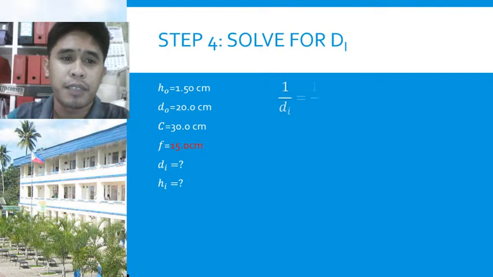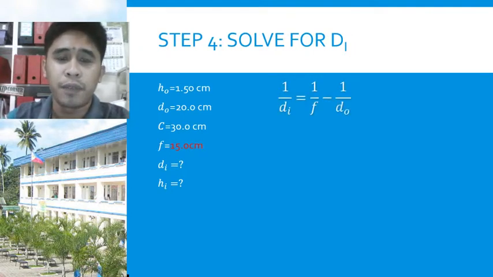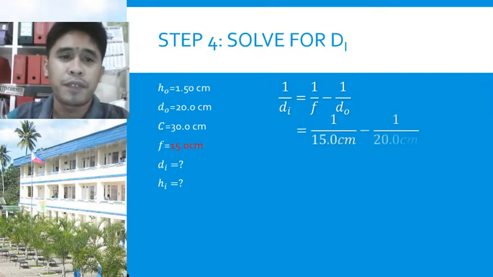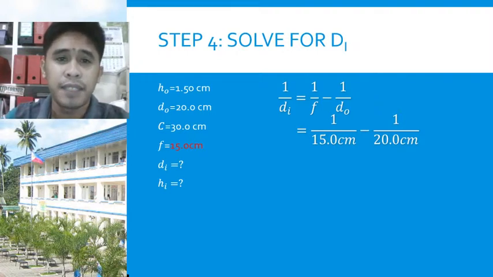So we have this equation: 1 over d sub I equals 1 over f minus 1 over d sub O. Substituting the variables with known values, we have 1 over 15.0 centimeters minus 1 over 20.0 centimeters. It would be convenient to solve the fractions individually rather than taking the greatest common factor for both fractions.